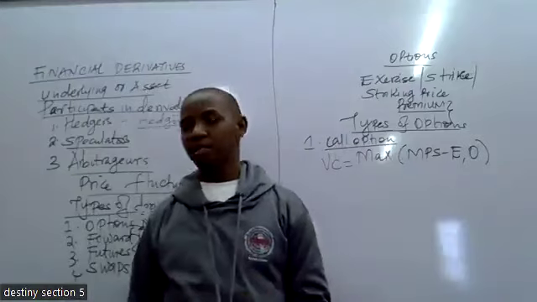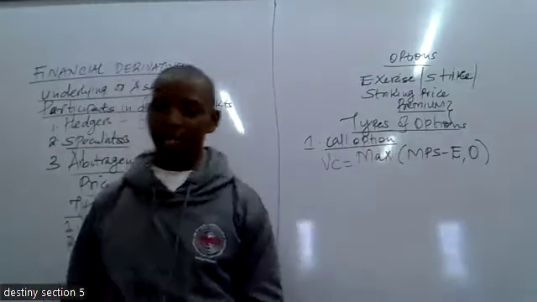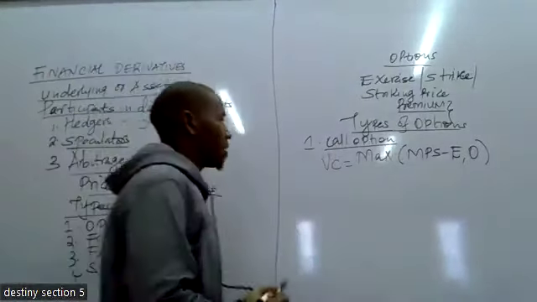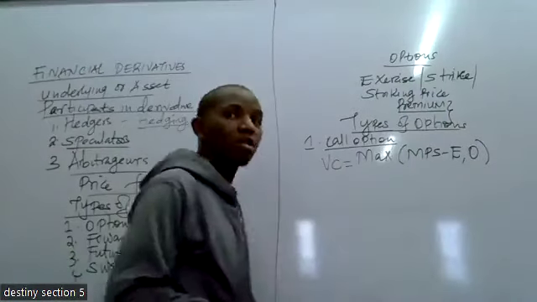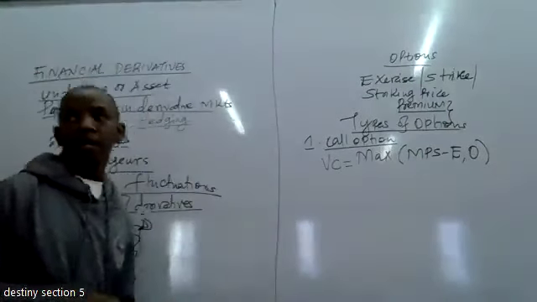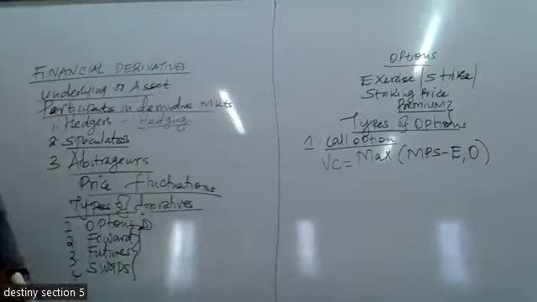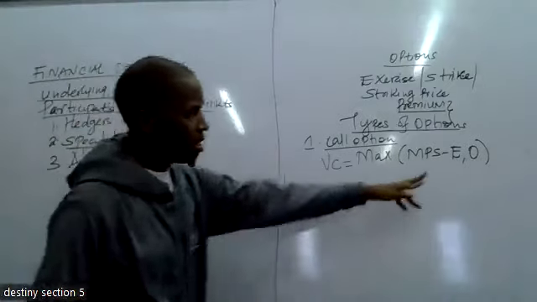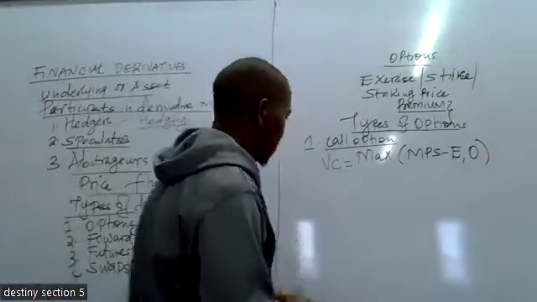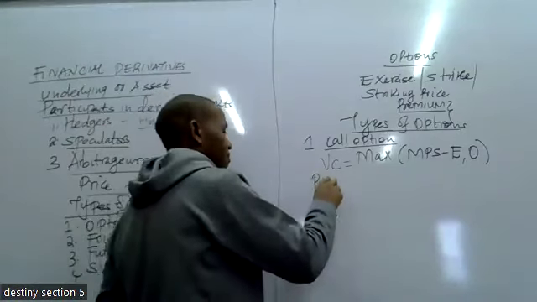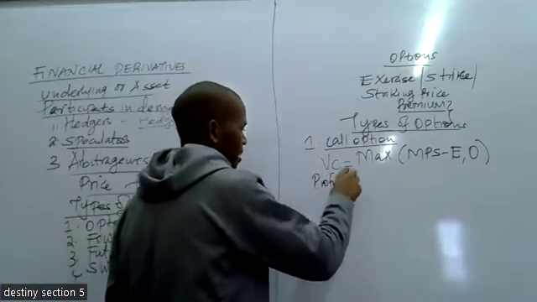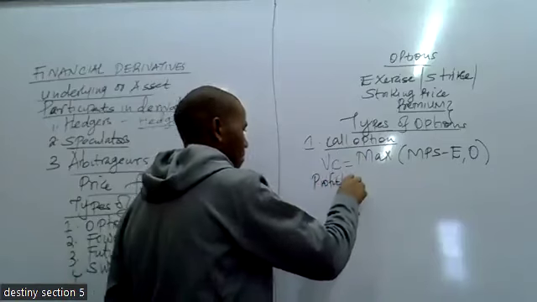MPS is the market price per share, which is also the spot rate. E is the exercise price.